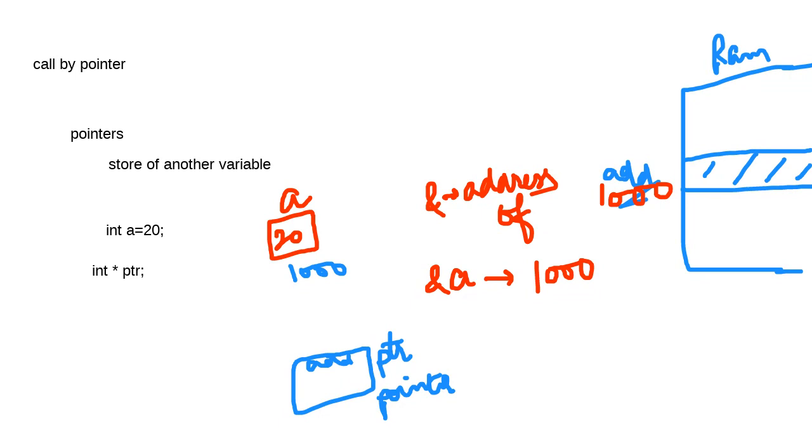No. So I need this variable to point to variable a, the address of a. So what will I write? ptr equal to ampersand a. As soon as I write this, the value 1000 will be stored in ptr and it starts pointing to the location of a. Is it clear to everyone?